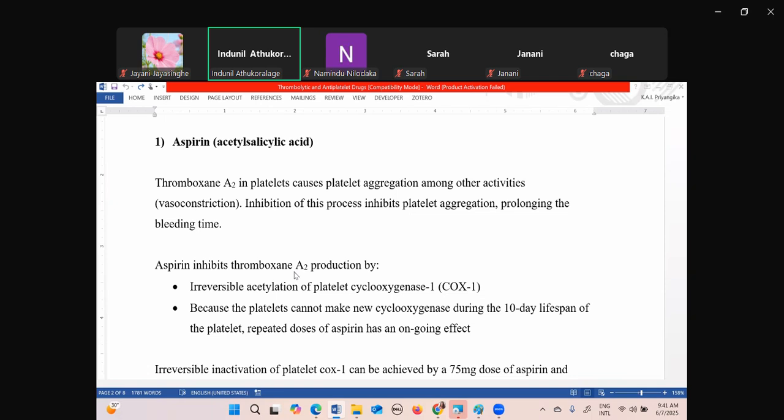When COX-1 is inhibited, thromboxane A2 will not be produced, so platelet aggregation also will get inhibited, because thromboxane A2 is needed for platelet aggregation, right?